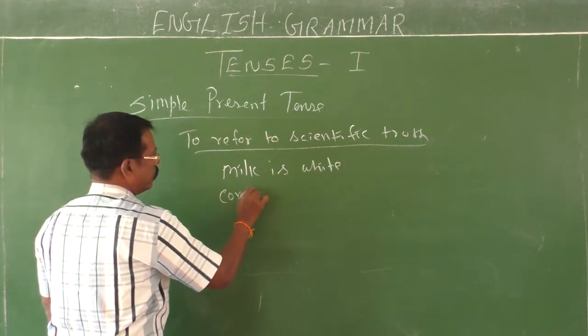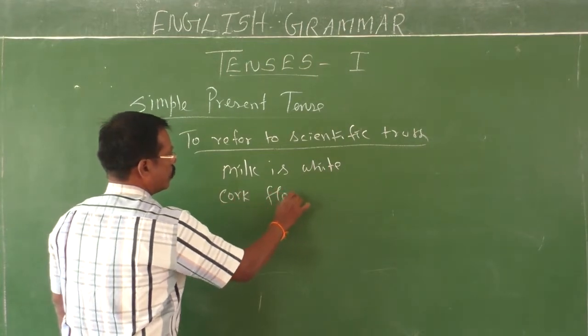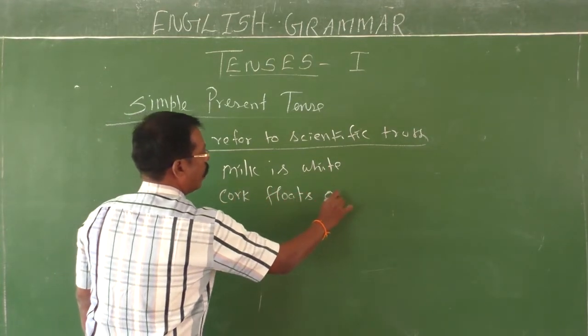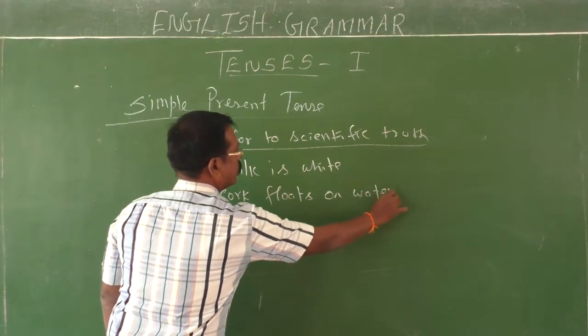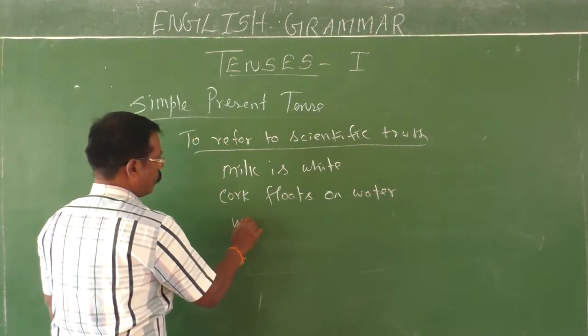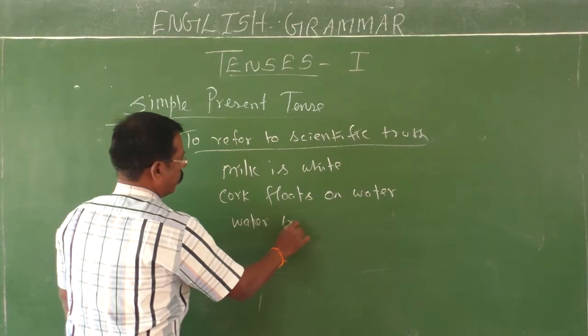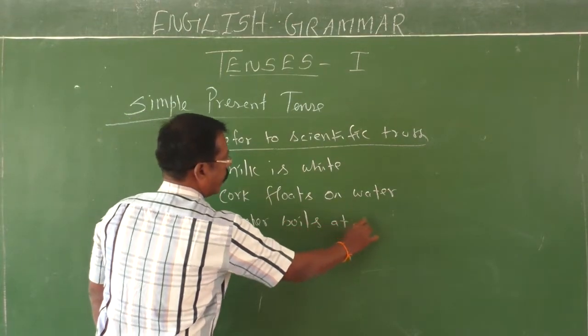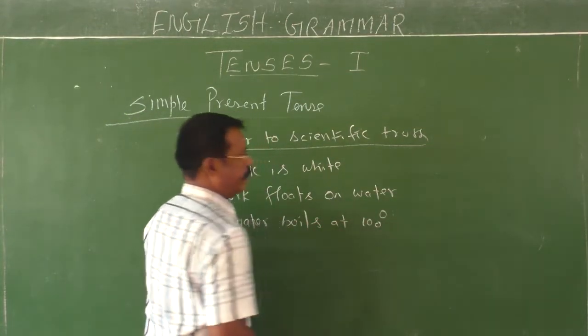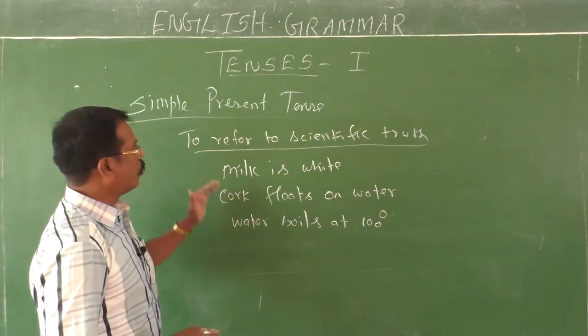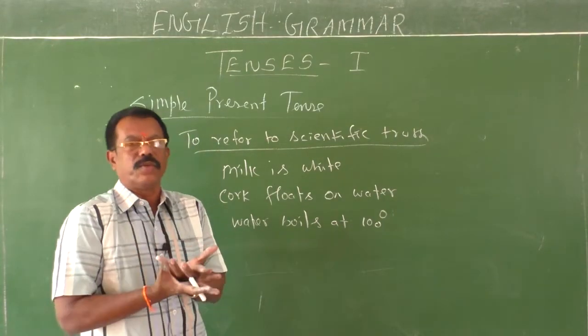Wood floats on water. Water boils at 100 degrees. So milk is white. It's a general truth.